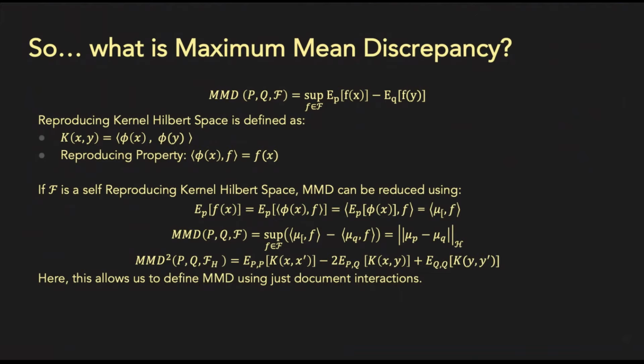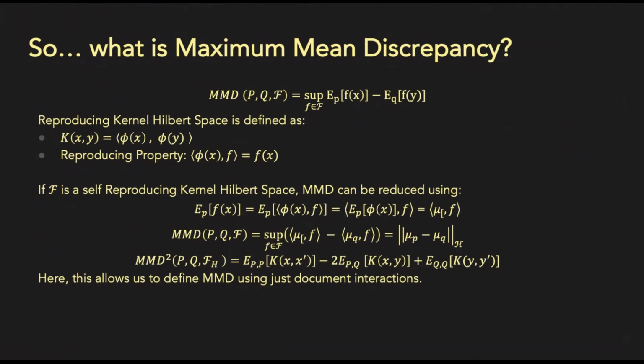And using the triangle inequality, we can take the square over the Hilbert space. So F is now the Hilbert space. That gives us this expression: expectation of k of x comma x bar minus twice the expectation of k of x comma y plus the expectation of k of y comma y bar.